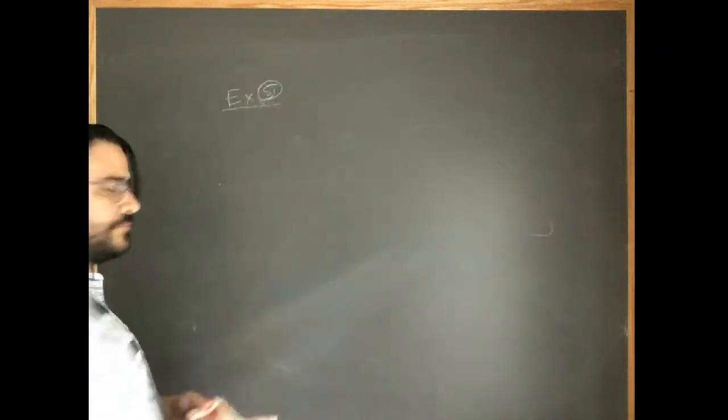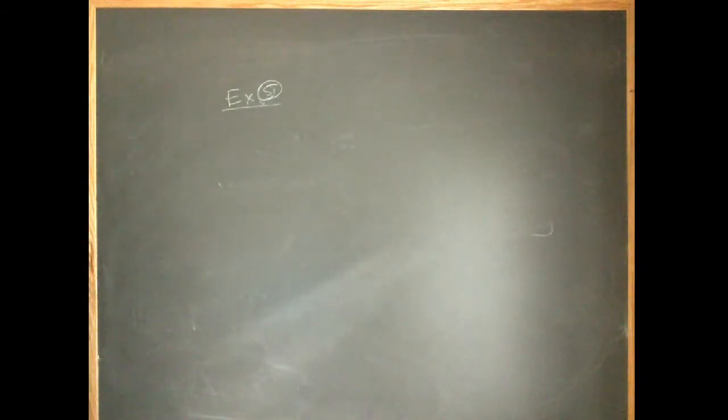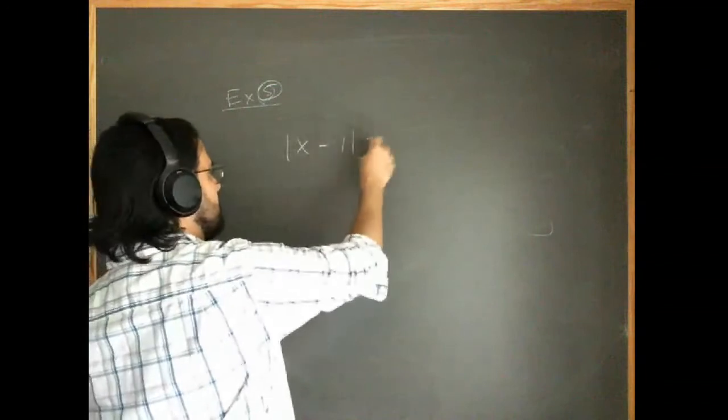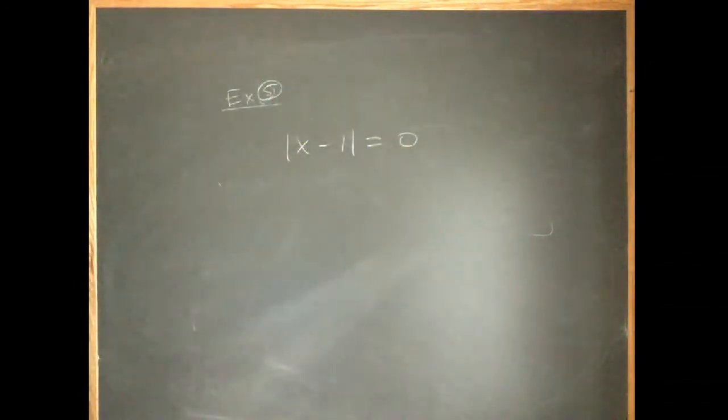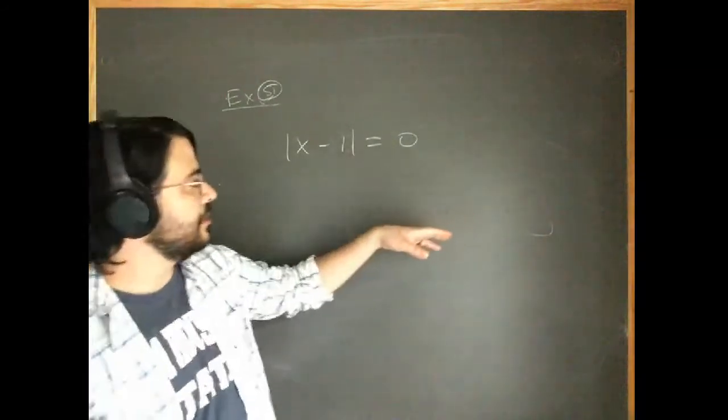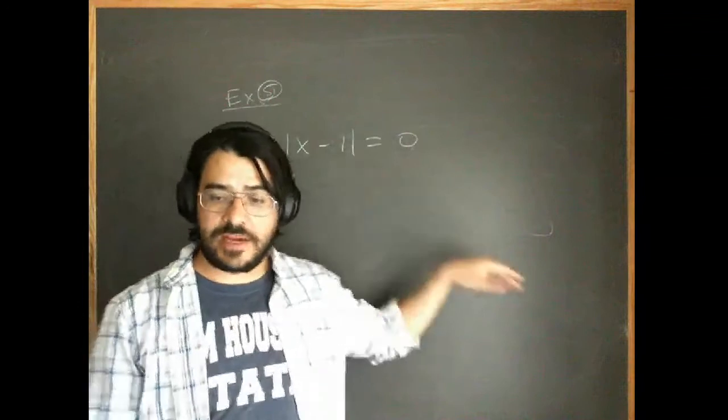This is question number 5. And here we're going to look at |x - 1| = 0. Let's say you solve for the absolute value, and instead of getting a positive or a negative number, you get 0. So if it was negative, you'd say no solution. If it was positive, you'd do this plus or minus thing.